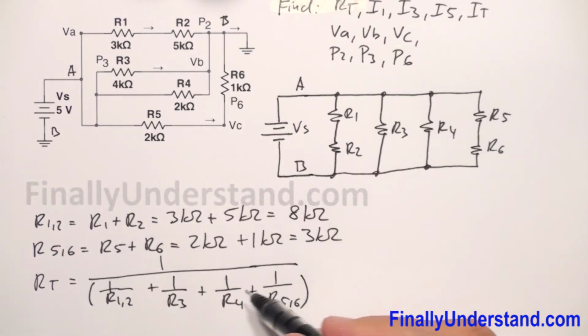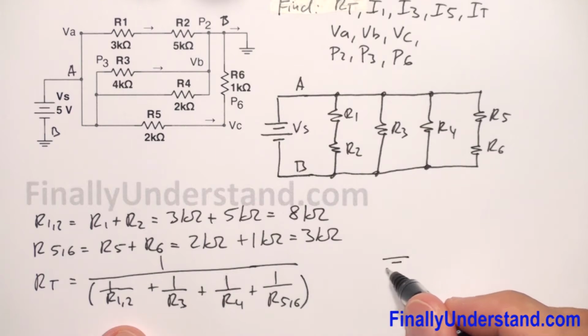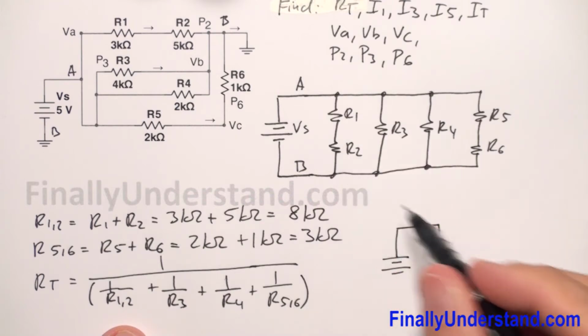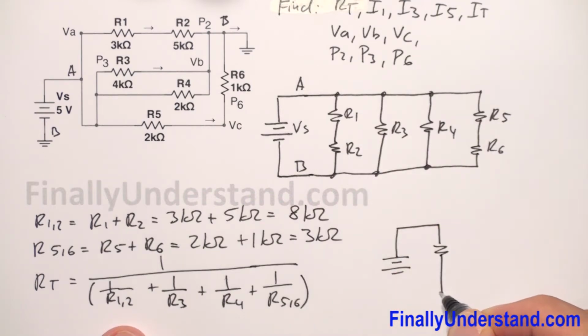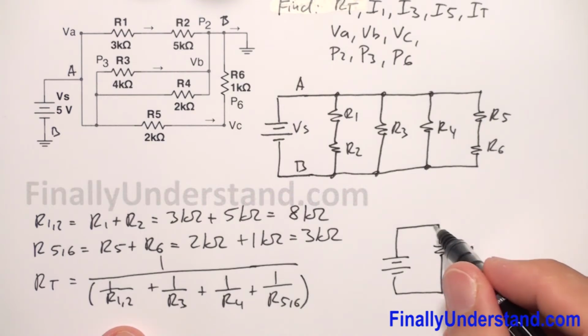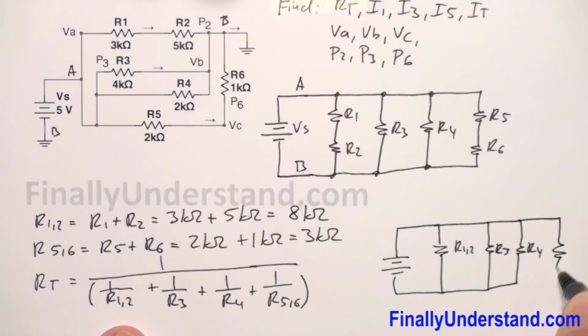For those of you who do not see what I'm doing, simply redraw the circuit, and these two resistors together we call R12, and after that we have R3, we have R4, and we have resistor R56.